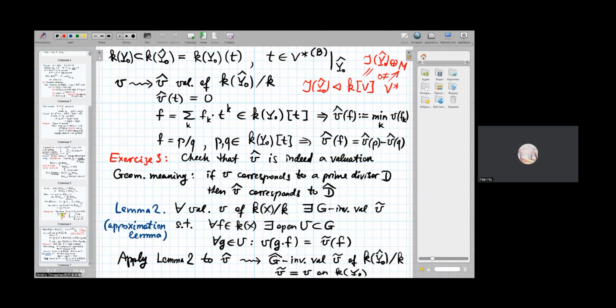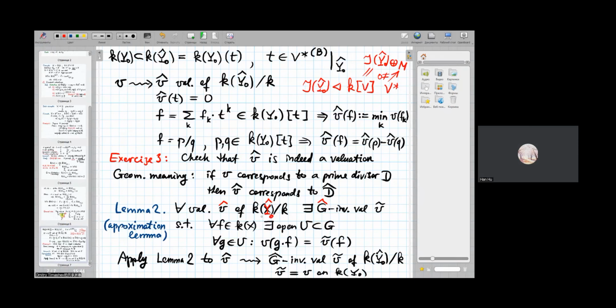Now, X here is a G variety, a variety equipped with an action of a reductive group G. Now what you do, you just take a reductive group G hat here, and your X will be Y naught hat, and your V will be V hat. So we apply lemma 2 to this situation.